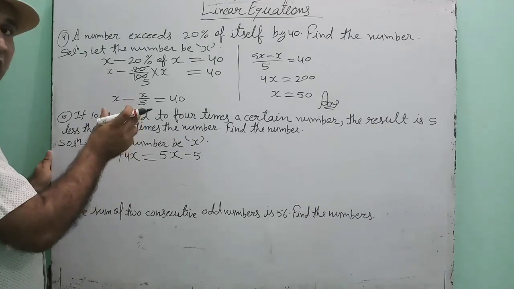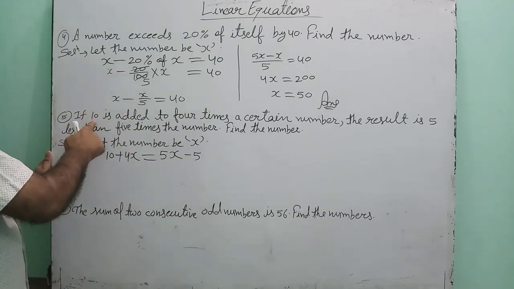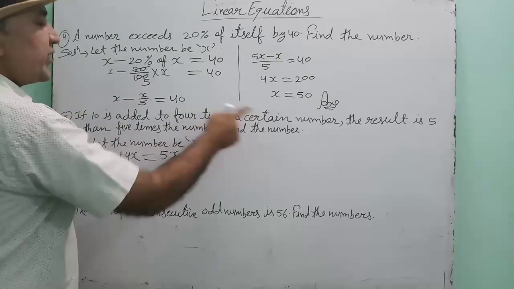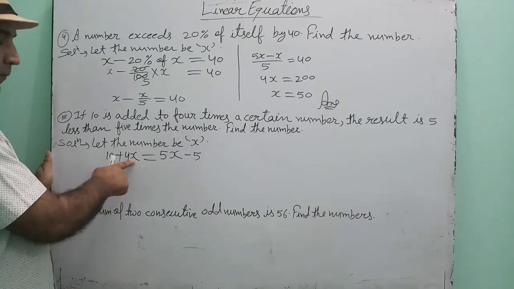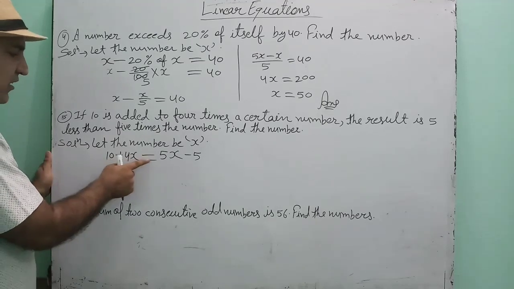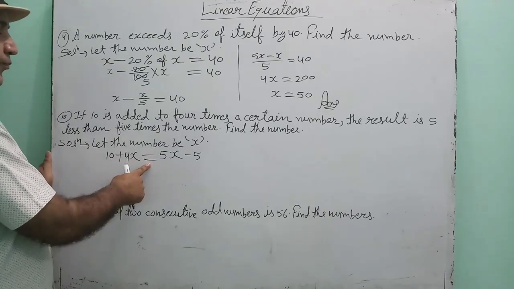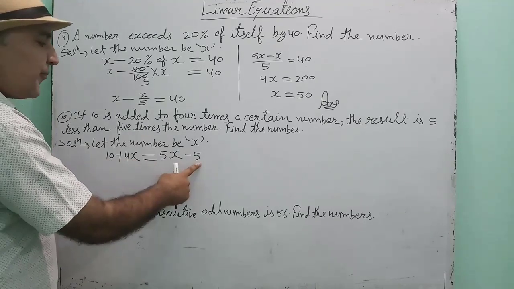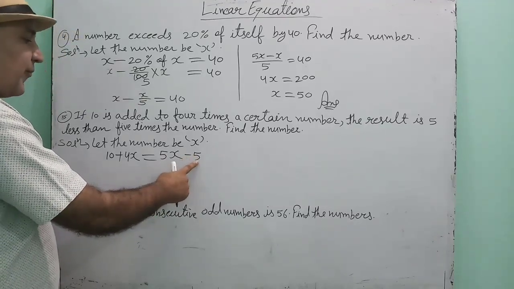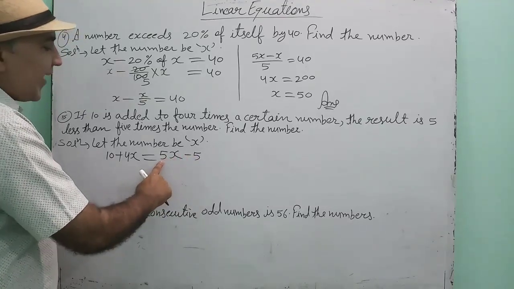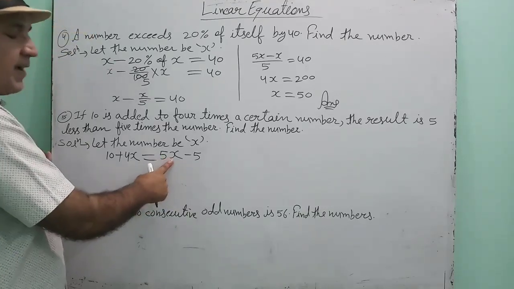5 times the number means 5x. See how I have formed the equation. 10 is added to 4 times a number. This result is means equal to. Result is 5 less than 5 times a number, means 5 is subtracted from 5 into x.